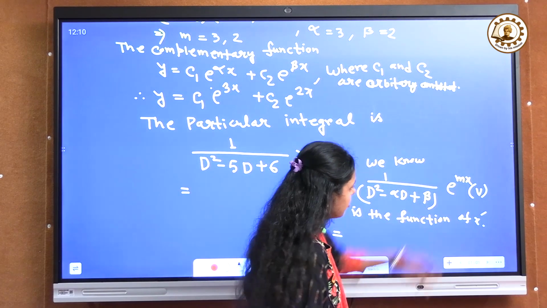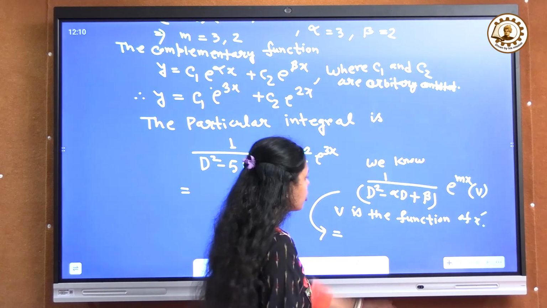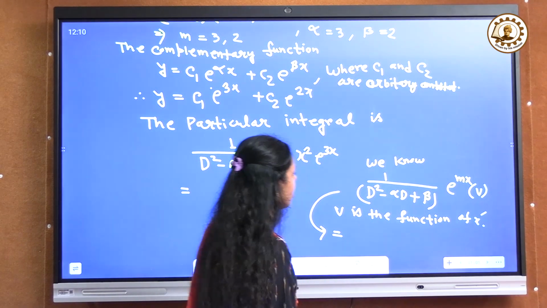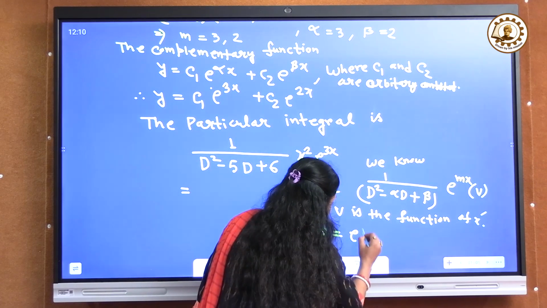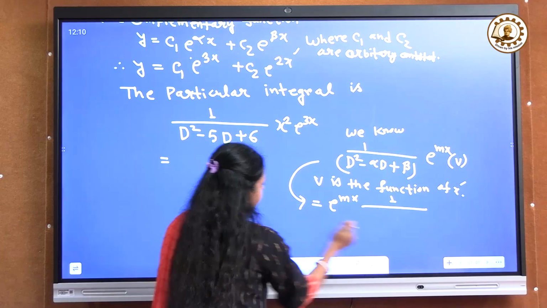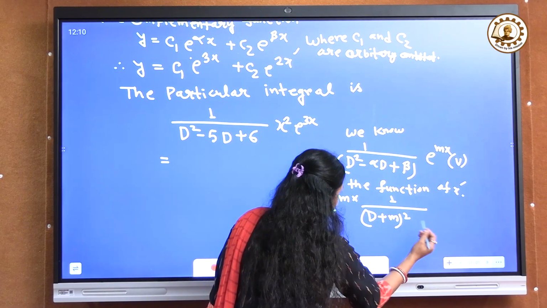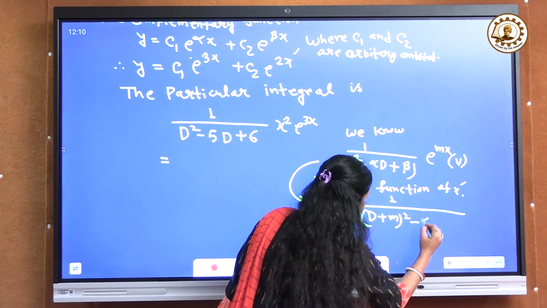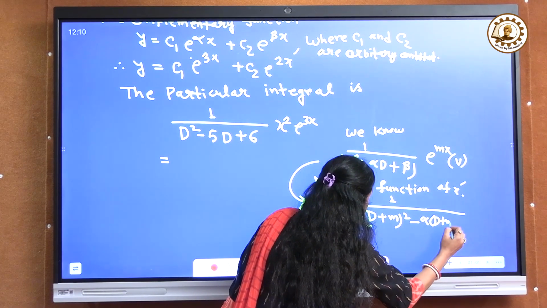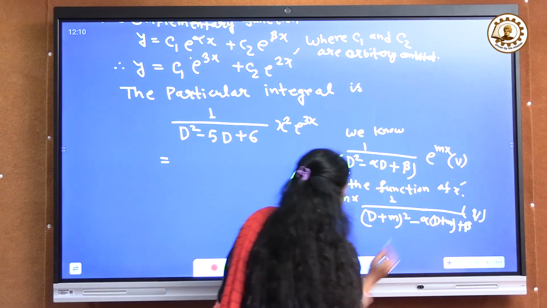Here e to the power mx is an exponential function times a function of x. So e to the power mx comes in front, and we write 1 by ((d plus m) square minus alpha (d plus m) plus beta) times v.